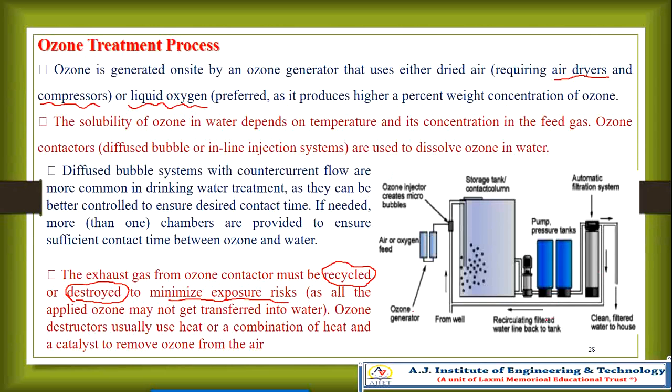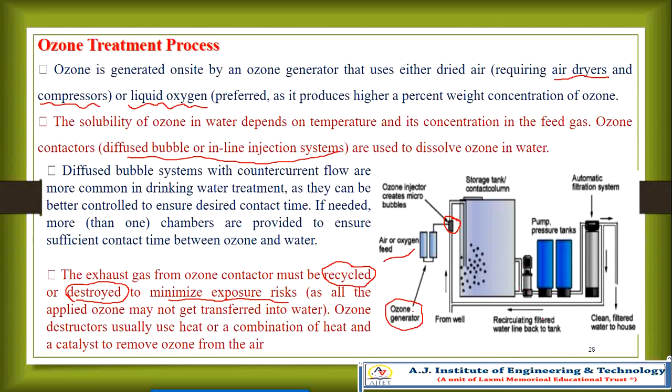Now see here, the ozone generators, with air or oxygen feed. You can see the air dryer or liquid oxygen. The ozone injector creates micro bubbles or diffused bubbles, like a bubble diffuser or inline injection system. Here are the storage tanks for flocculation or any column, from the well.